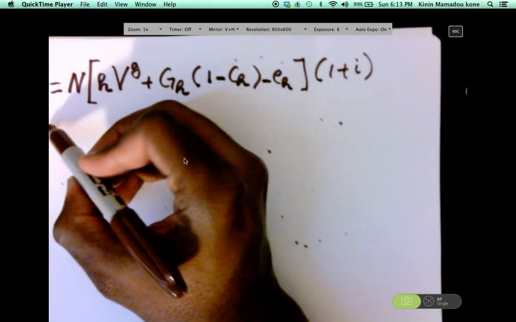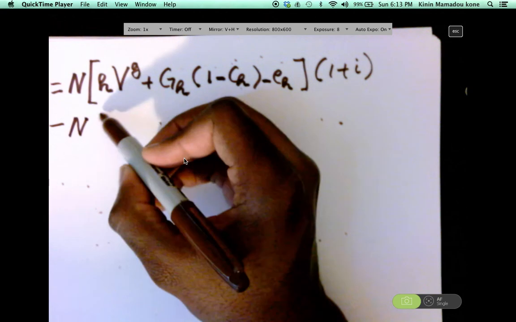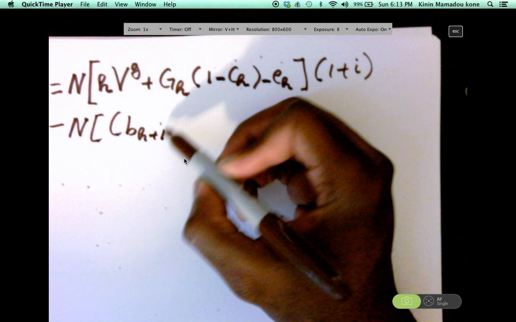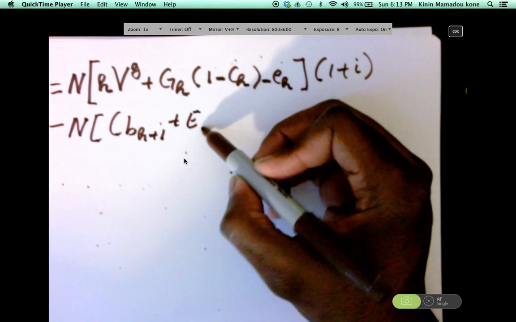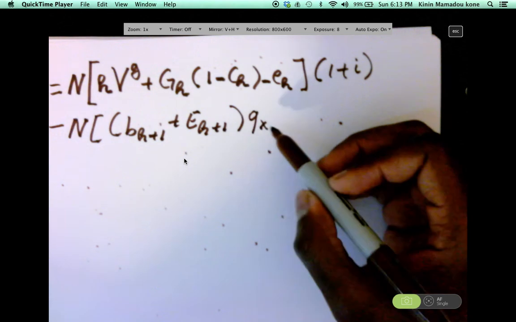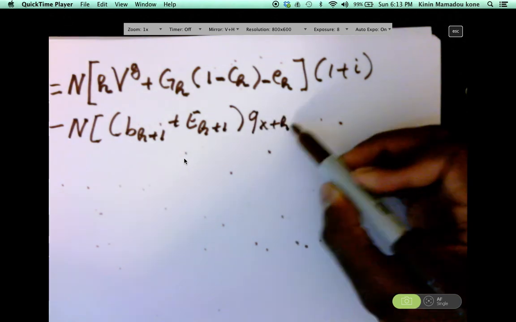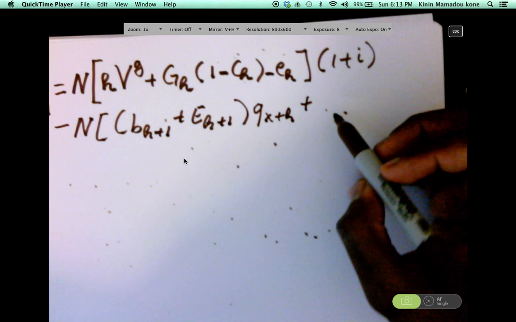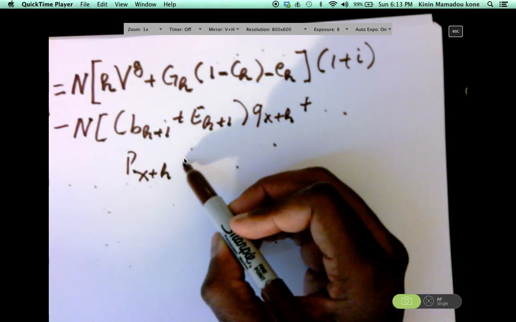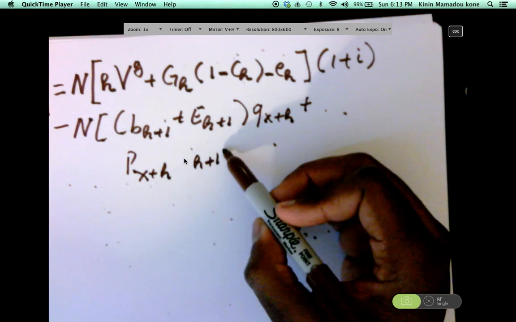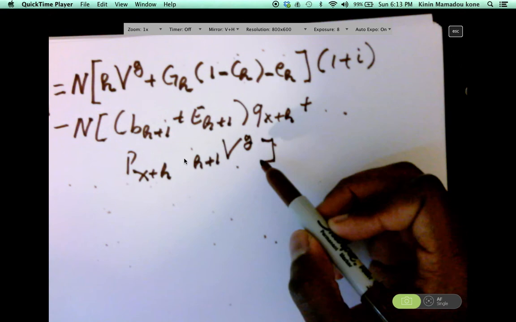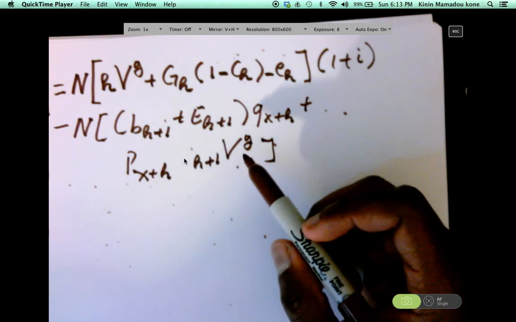Minus the same N times the death benefit plus the settlement expenses, times the probability of dying, or a certain probability of surviving. And when you survive, you have a new reserve. So that's a recurring relationship for the profit at time one.